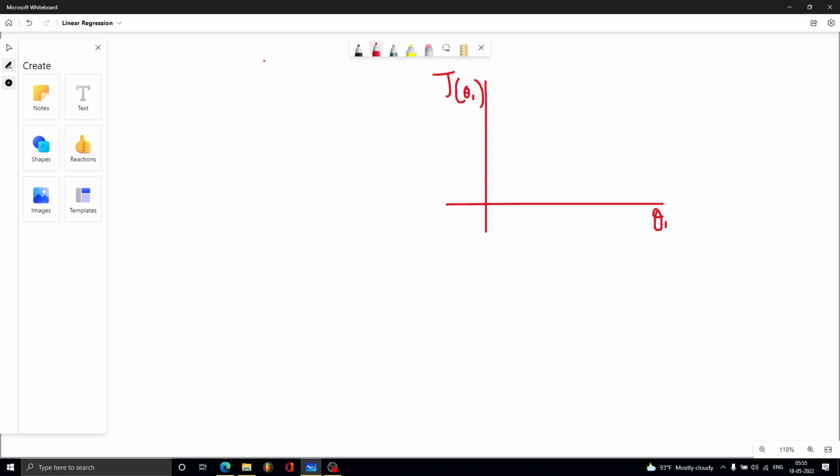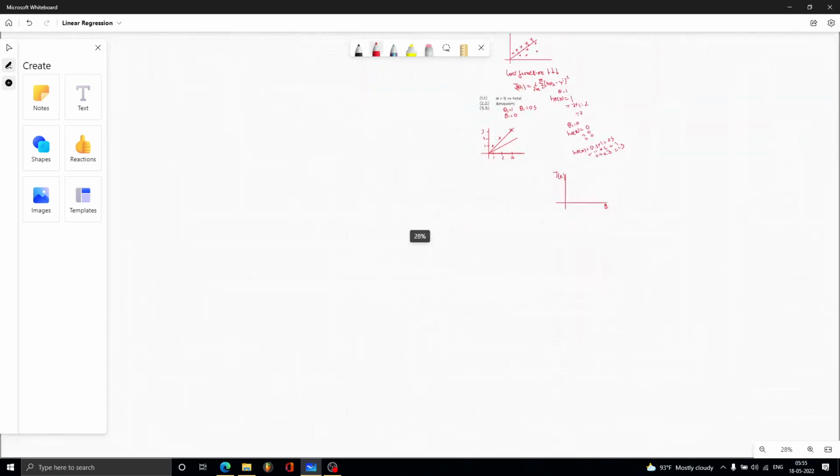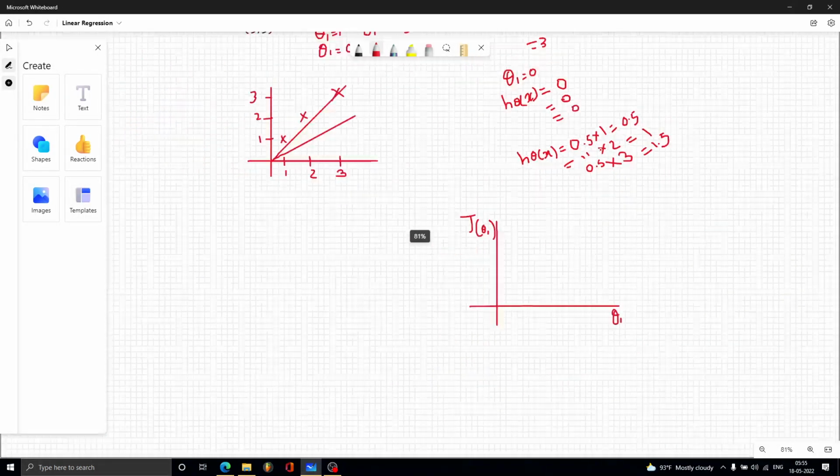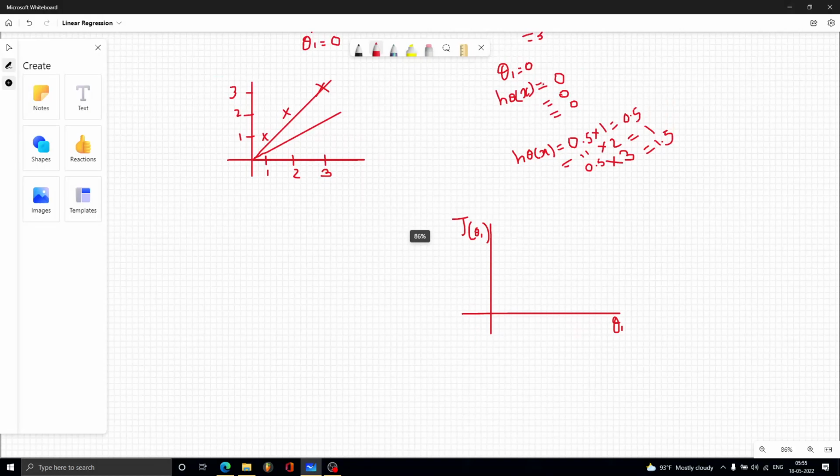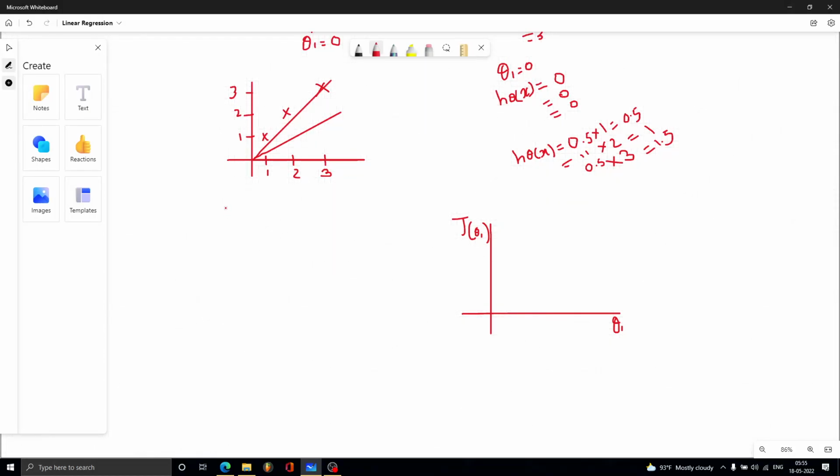Now when we are going to calculate, as we can see here, these are our values for h theta of x. We calculate 1 by 2m, summation of h theta of x minus y i, whole square.